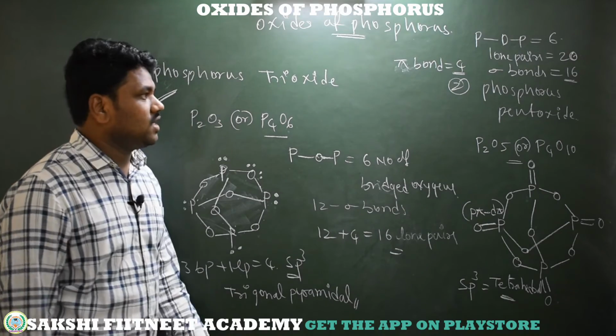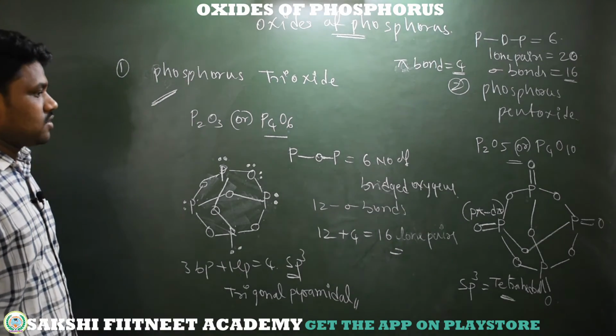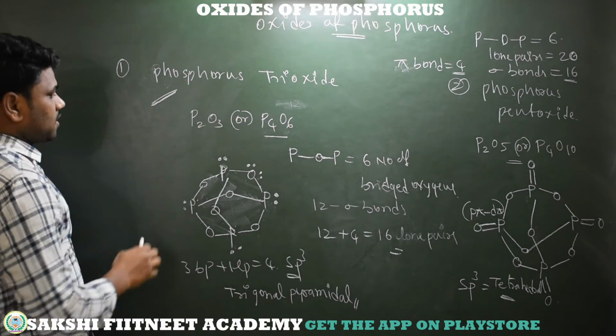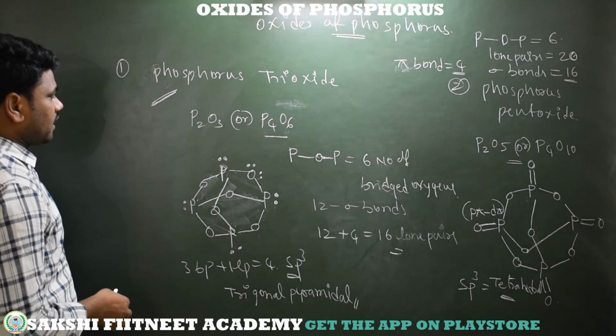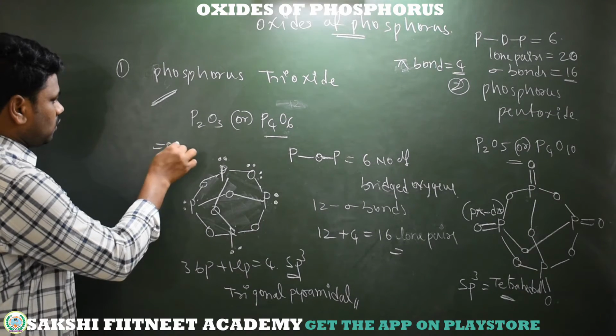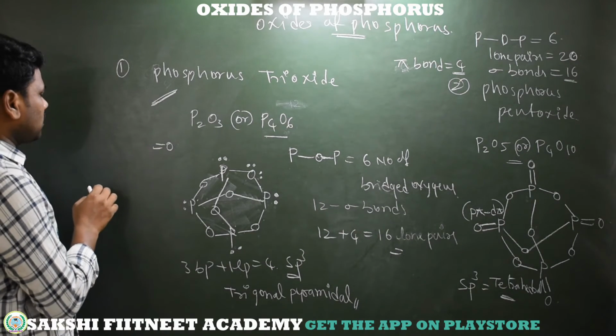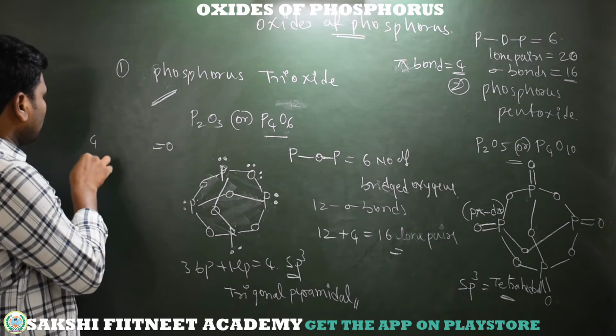And coming to the oxidation state of phosphorus for this phosphorus trioxide. Now total charge around this phosphorus trioxide is 0. So total how many phosphorus atoms are there? Here we have 4 phosphorus atoms.